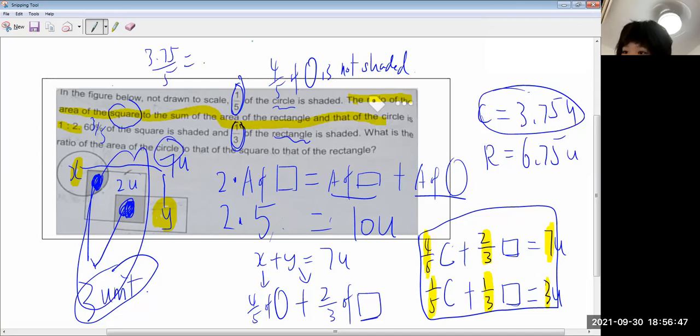The calculator will give you the simplified form already. 0.75, 3/4, right? So basically, this divided by this will give you 3/4. I mean, the ratio is 3 to 4.